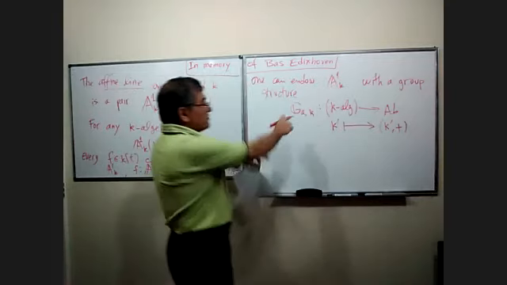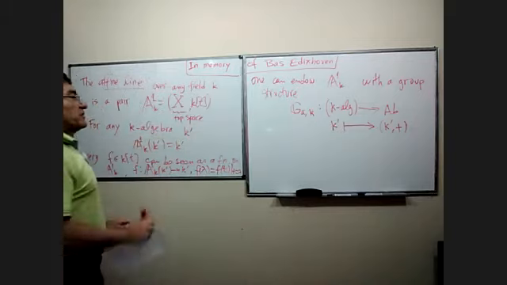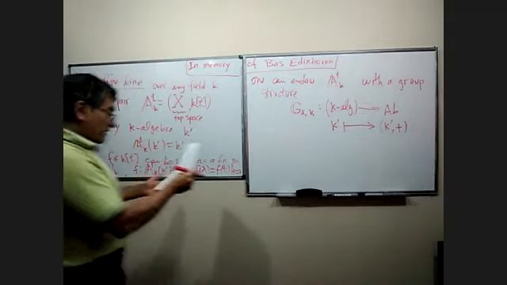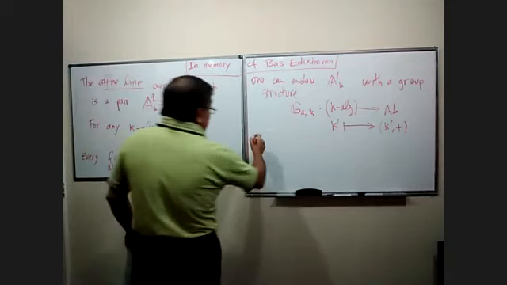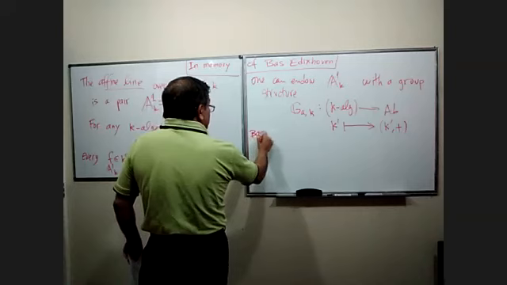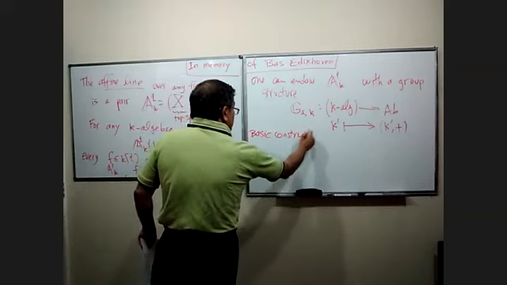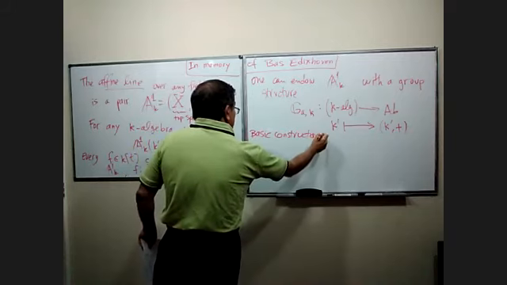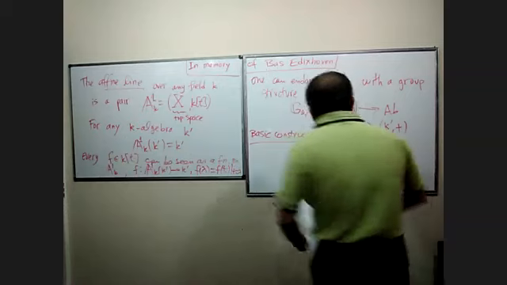And so this is very nice. The additive group, dimension 1, very simple, okay? And in algebraic geometry, there is a basic construction in modern algebraic geometry. There is a basic construction.